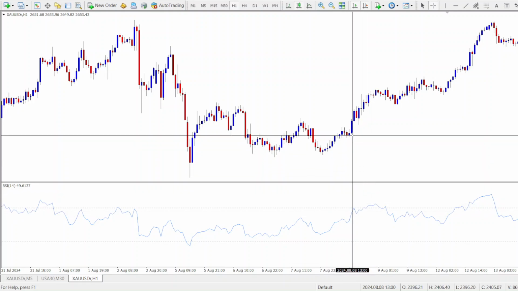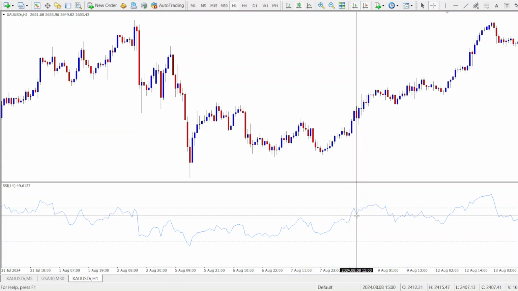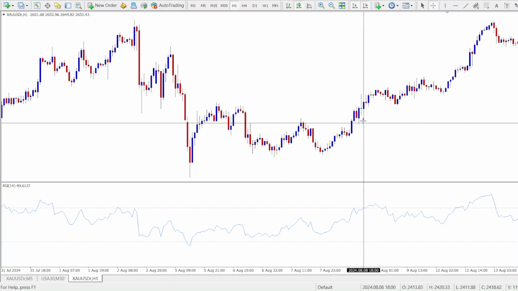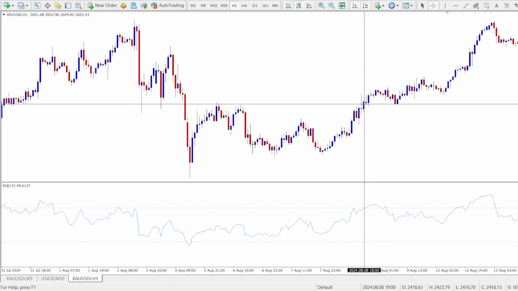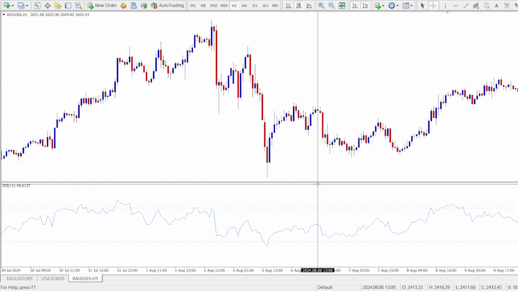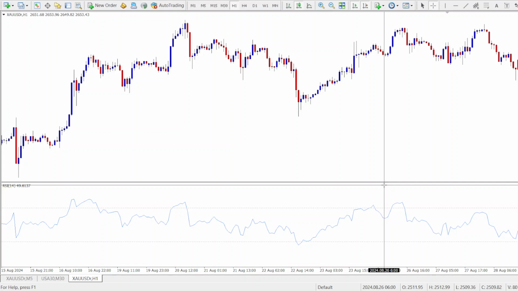So when you see the bullish engulfing pattern and the RSI is also trending upwards, then it's a sign that you could enter. It's like an additional signal that you could enter the buy trade. Okay, now let us look for another example.